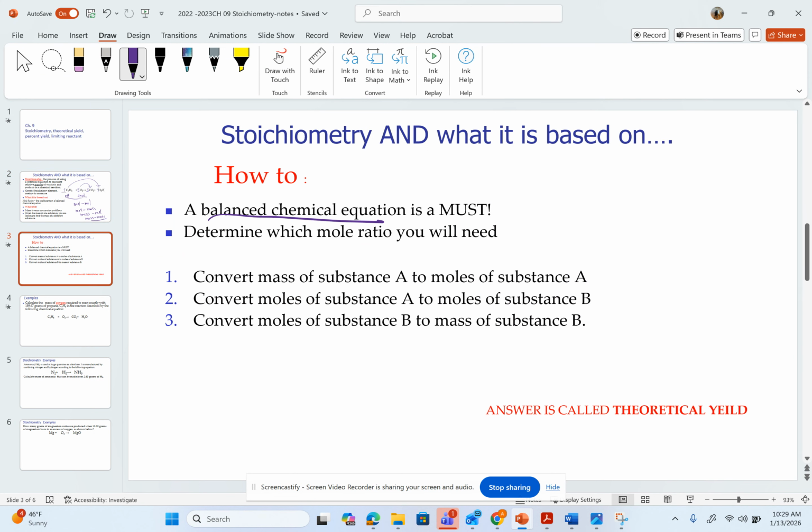Okay, so just a few things. You always have to start with a balanced chemical equation. If you don't start with the balanced chemical equation, your mole ratios are going to be off. The next thing you have to do is figure out what you are given and what you are converting to, or what we are solving for.